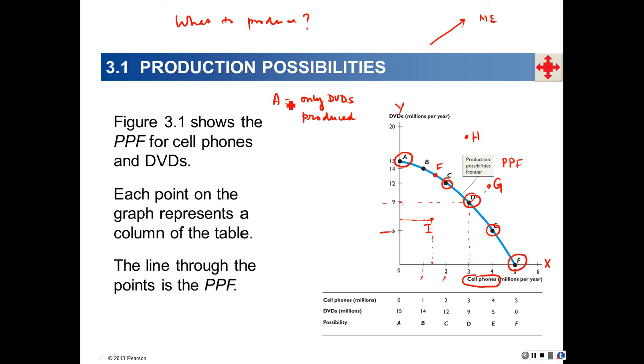Now, what do you notice about the PPF? Well, the two fundamental properties of the PPF are, first, it is negatively sloped.